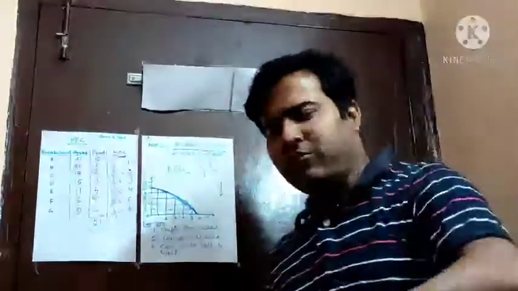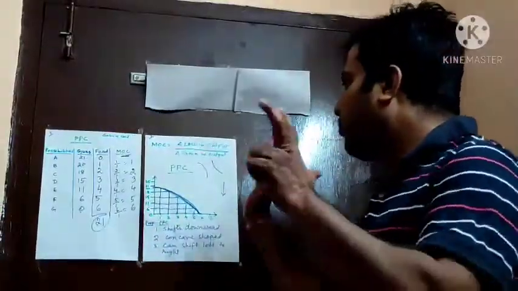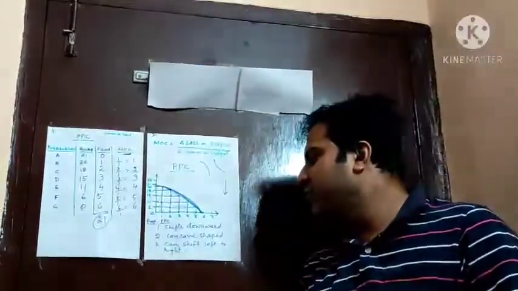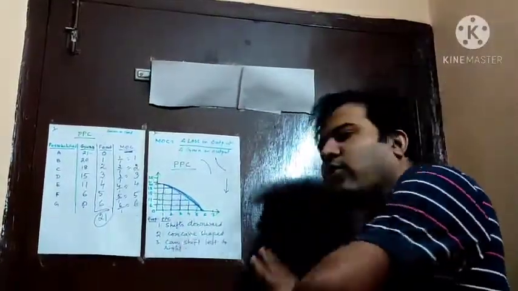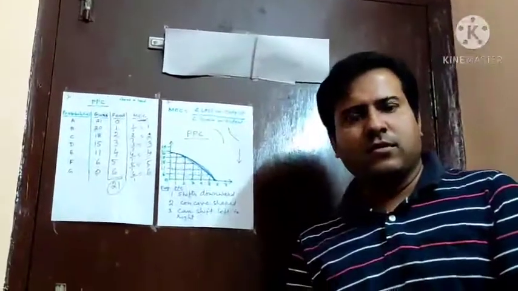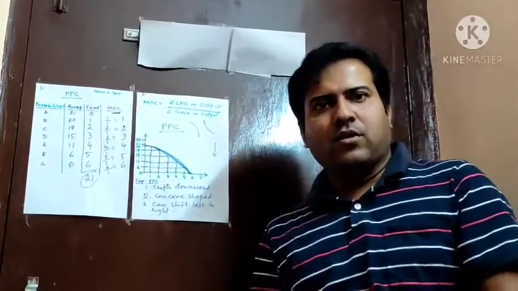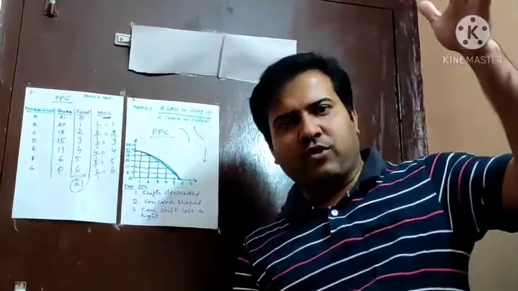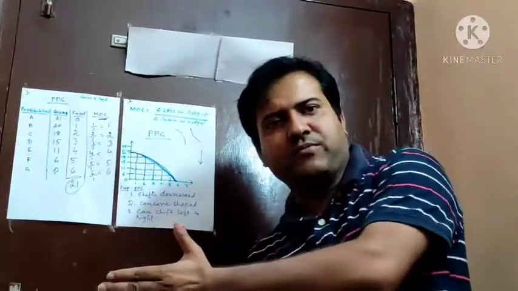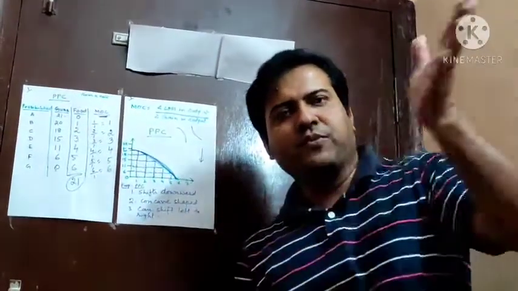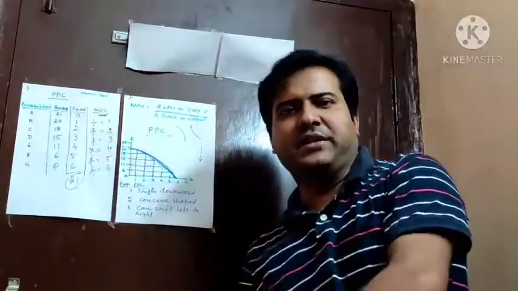Always it will shift downward. Second, a production possibility curve will always be concave shaped. If it is not concave, it will be convex shaped, a different type. Okay. So it moves from left towards right.